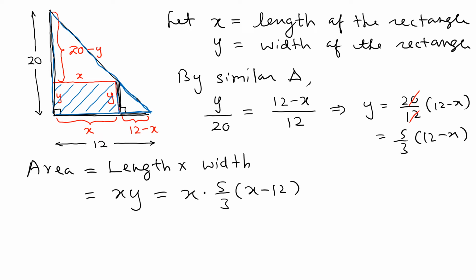That's what we get. You cannot simplify much, but you can write 5 thirds in front and then x times 12 minus x. We can write it like that.